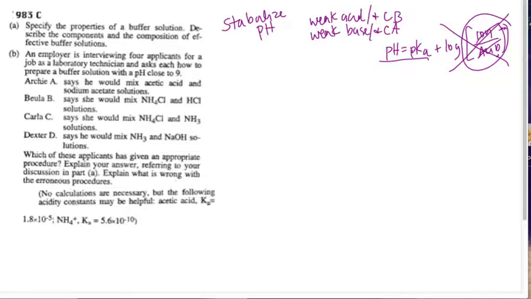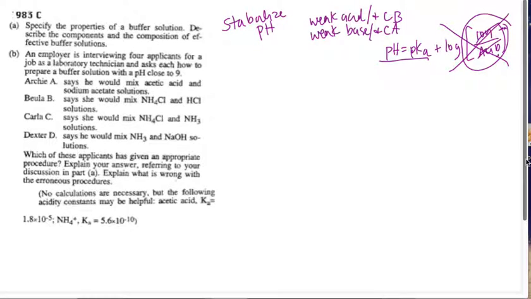Okay? All right. You guys are employers interviewing 4 applicants for jobs as lab technicians in your labs. You asked all your applicants to tell you how they'd make a buffer system, what they would use to make a buffer system of a pH close to 9.